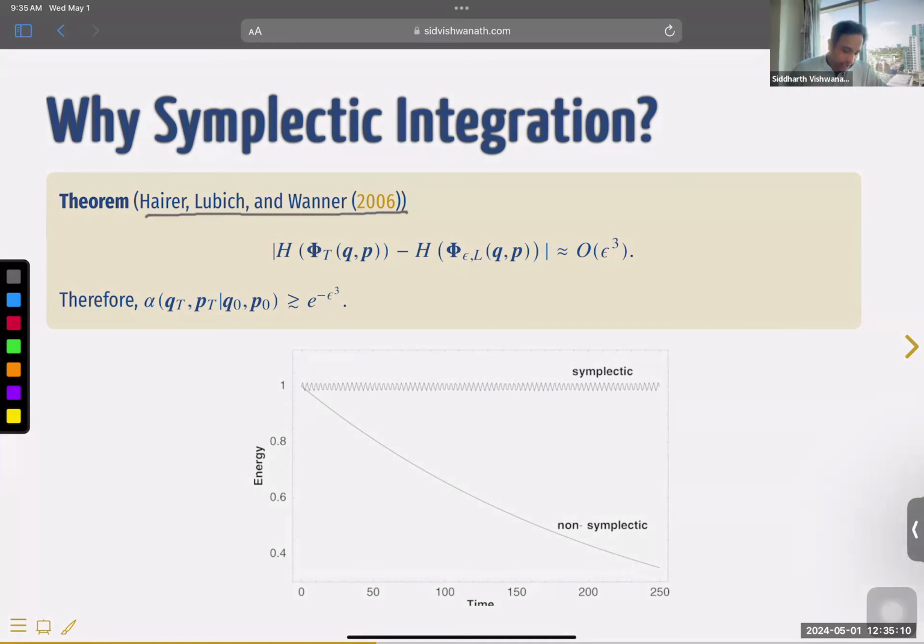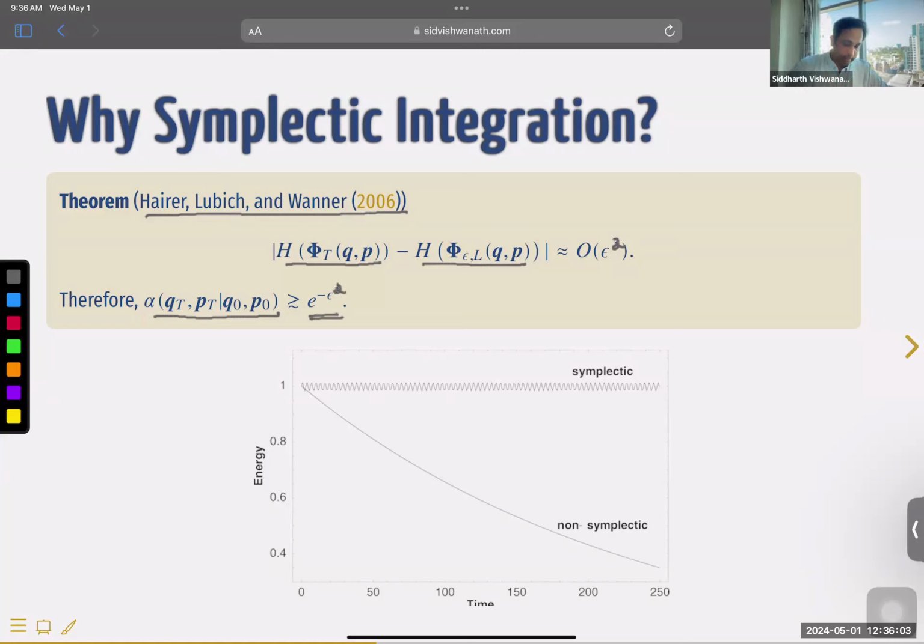And essentially what it says is that if you look at the error introduced by choosing a numerical integration scheme as opposed to the exact integration scheme, this is of order epsilon squared, right, for exponentially long trajectory lengths. And the implication that this has in the problem of sampling is that if we know that the numerical scheme closely preserves the continuous time dynamics, then the accept reject probability that we're going to compute is at least e to the minus epsilon squared.